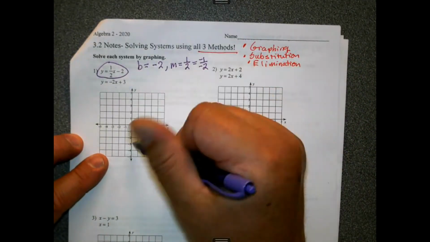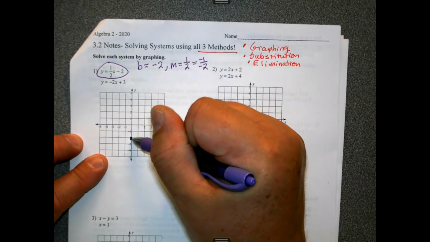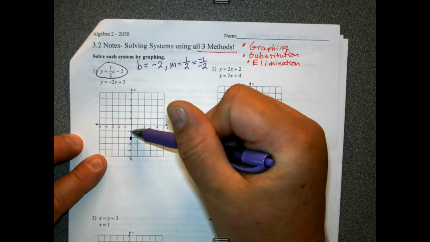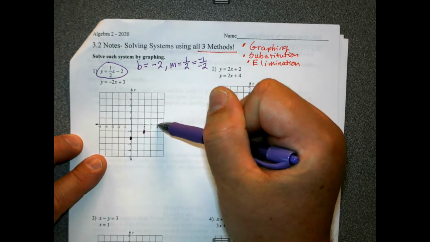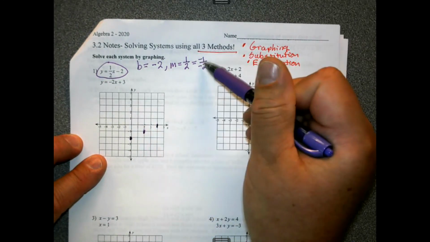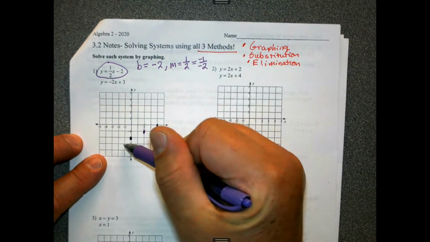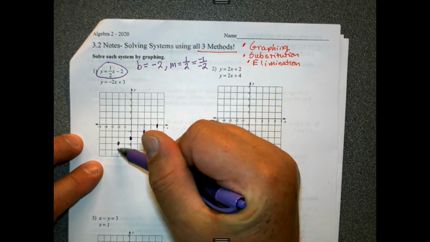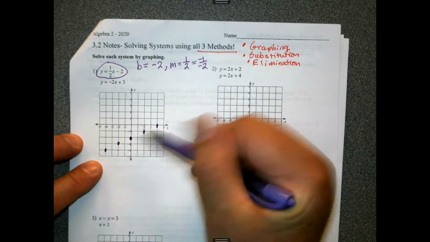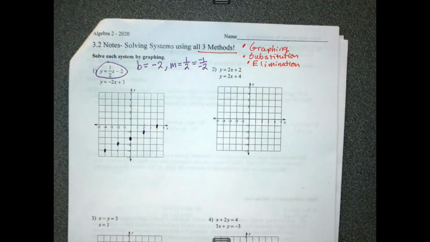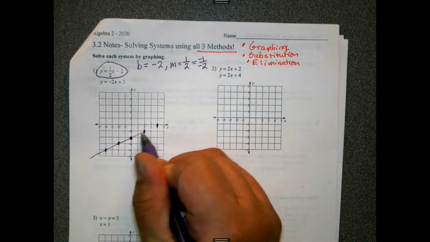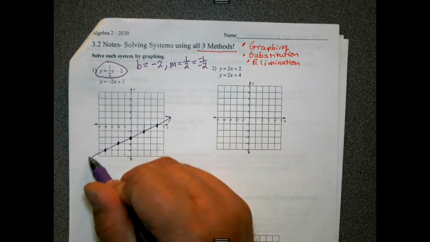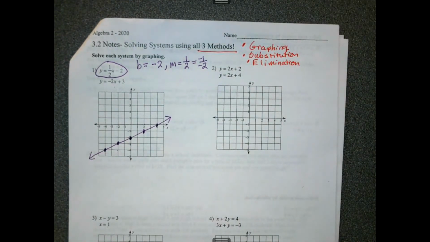I start at negative 2, and I go up 1 over 2, up 1 over 2. And if I use the negative, I could go down 1 to the left 2. This is where it helps to plot a lot of points, because if they intersect, I can easily tell where that ordered pair is.